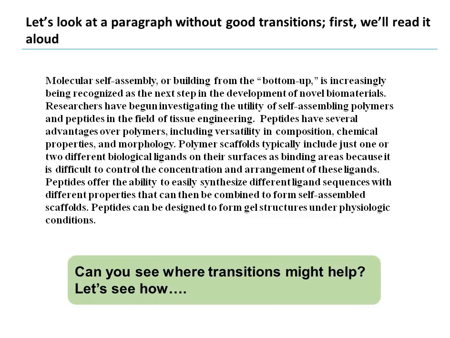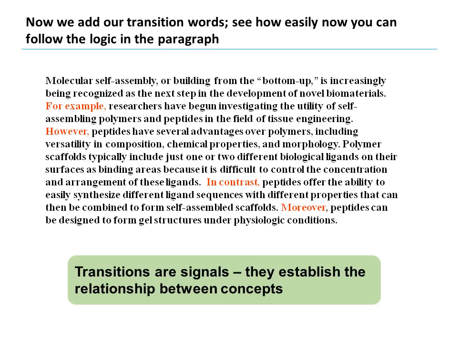Now, can you see where transitions might help in the logical flow of this paragraph? Let's see how. Now we add our transition words. You can see how easily you can follow the logic in the paragraph now. For example, researchers have begun investigating the utility of self-assembling polymers and peptides in the field of tissue engineering.